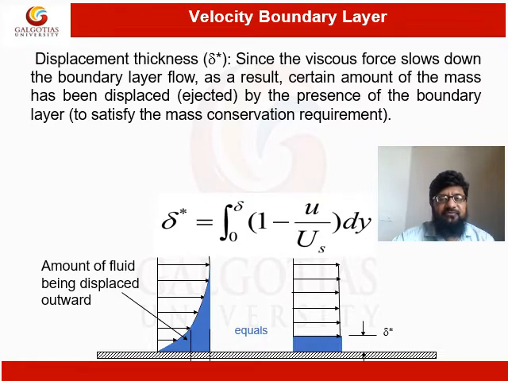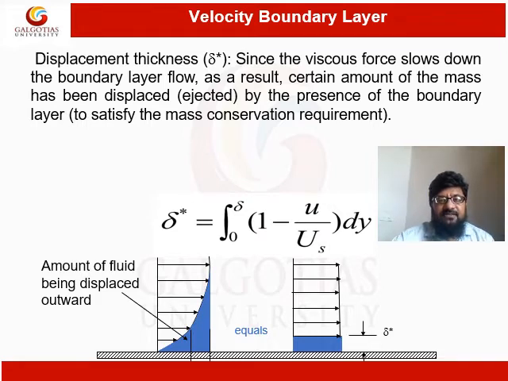Next we will try to define the displacement thickness. Because the viscous forces slow down the flow inside the boundary layer, as a result a certain amount of mass has been displaced because of the presence of the boundary layer. If there were no boundary layer, the mass flow entering and exiting the rectangle would be equal, but because of the viscous effect and the boundary layer, some of the mass is displaced.